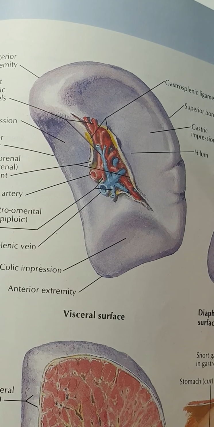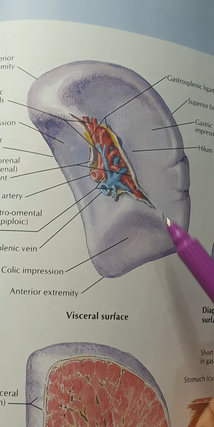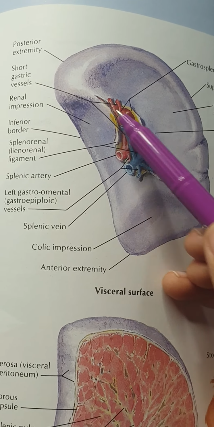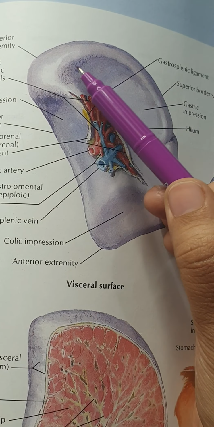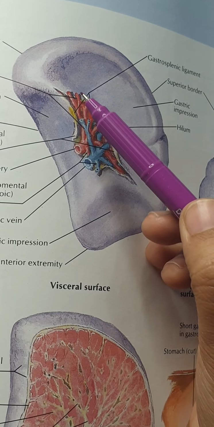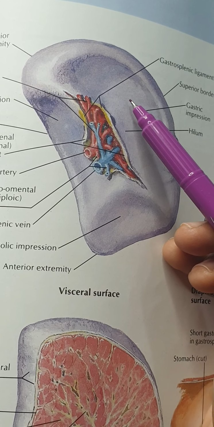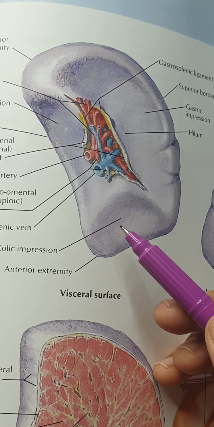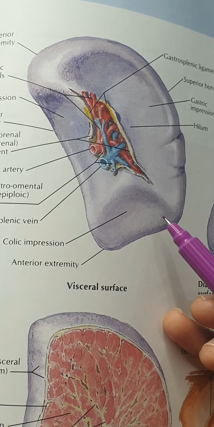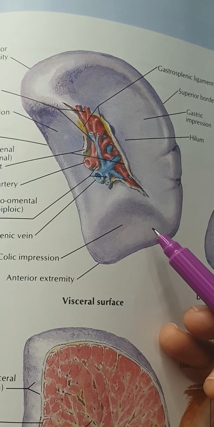Why? Because it has got 4 impressions of 4 different organs on its visceral surface. This largest concavity you are seeing is for the fundus of stomach. It is the gastric impression. Then here you are seeing the colic impression of the colon on the spleen.